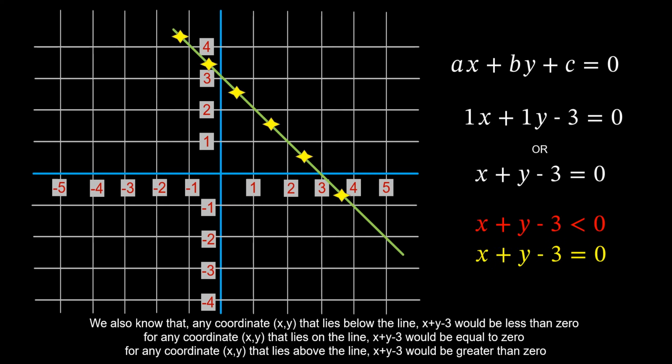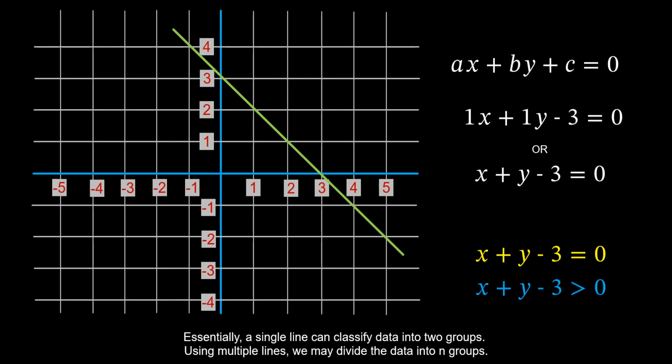For any coordinate (x, y) that lies on the line, x plus y minus 3 would be equal to 0. For any coordinate (x, y) that lies above the line, x plus y minus 3 would be greater than 0. Essentially, a single line can classify data into two groups.